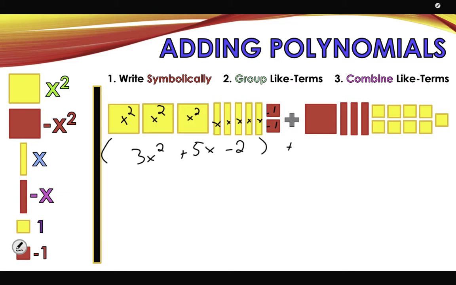And then we are adding, I have 1 negative x squared block, and then I have 3 negative x blocks, and I have 9 1 blocks.